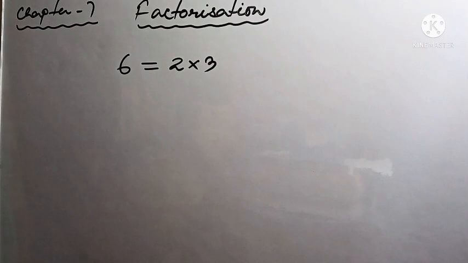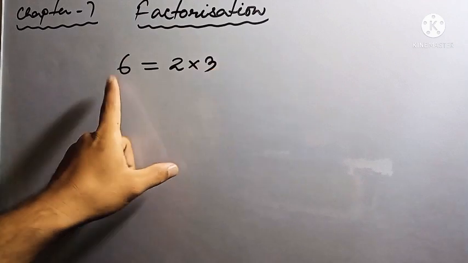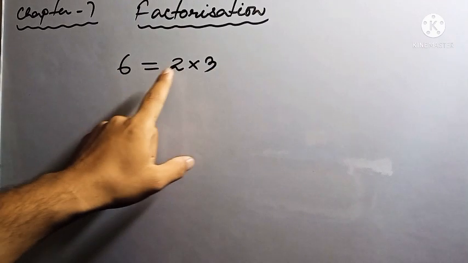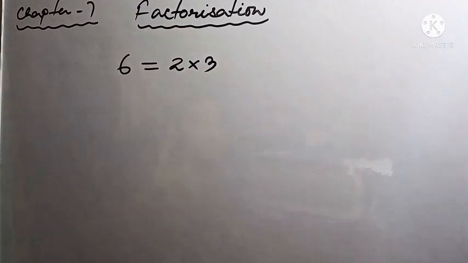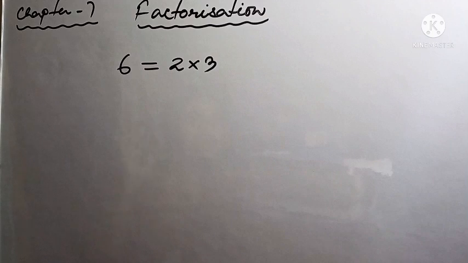We all know that 2 is a factor of 6, 3 is a factor of 6. So that means 6 equals 2 into 3. Here I express 6 as the product of 2 and 3. Simply, this is factorization. But in this chapter number 7, we'll be studying the factorization of algebraic expressions.